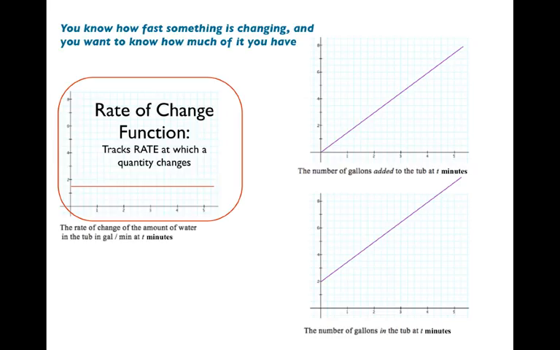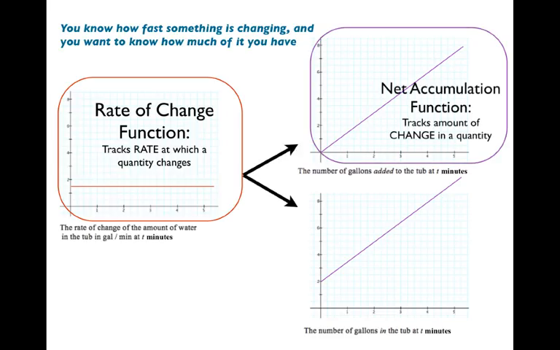There are two very similar ways to represent that. First, when we talked about the number of gallons added, that's what we're going to call a net accumulation function. The number of gallons added in this example is an example of a net accumulation. What does it do? It tracks the amount of change since you started.